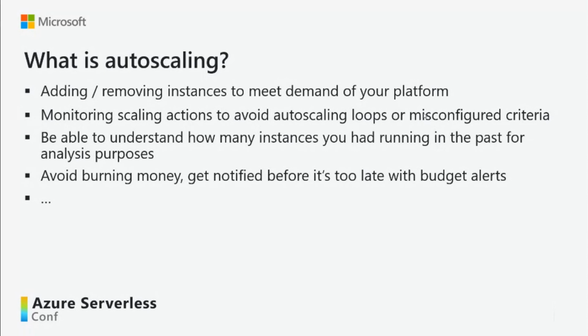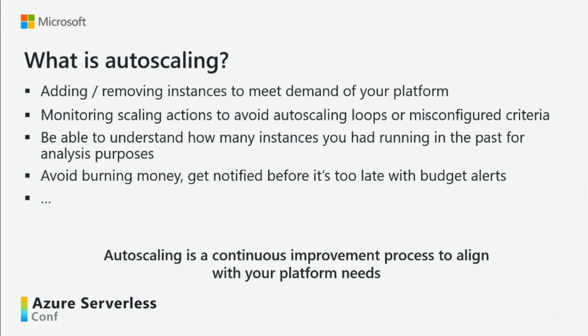And you also want to get the most out of your budget, so you want to have those budget alerts. So auto-scaling is really a continuous improvement process that you need to use to align with your platform needs, because it will change. So it's up to you to stay ahead of it and make sure you know what you should be doing.